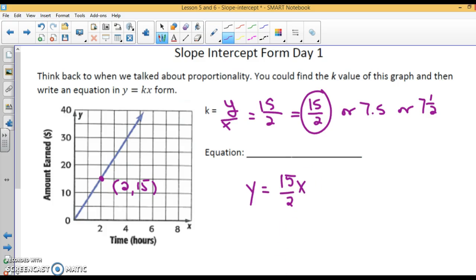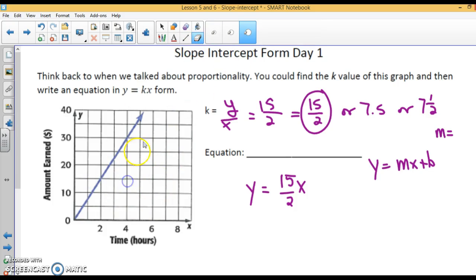Now, I'm going to show you this using slope-intercept form. Slope-intercept form is y equals mx plus b. M is the slope. Let's go to this line. If I look at a graph, isn't our slope rise over run? So I'm going to find two major intersections. My slope is rise.